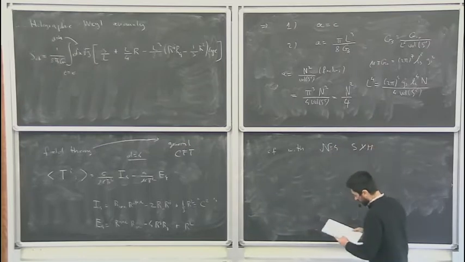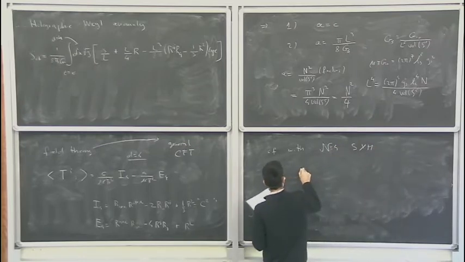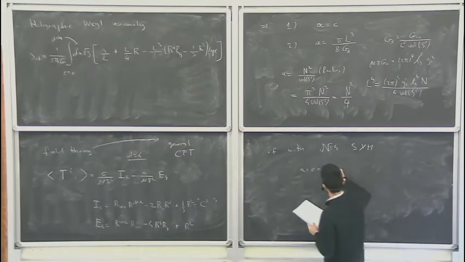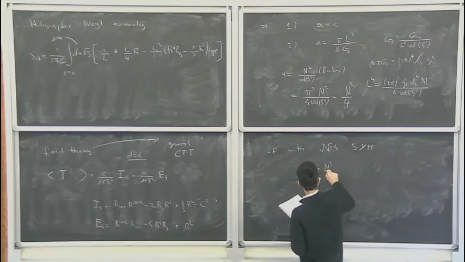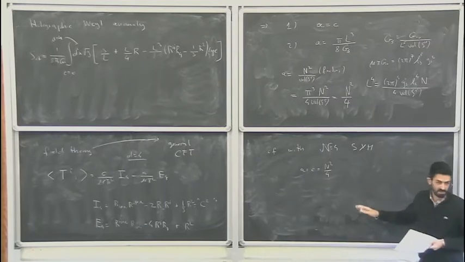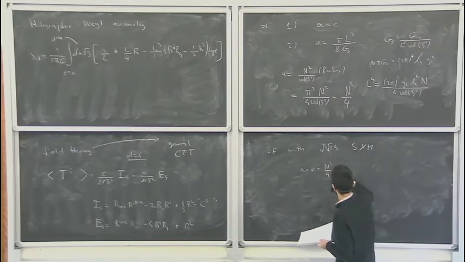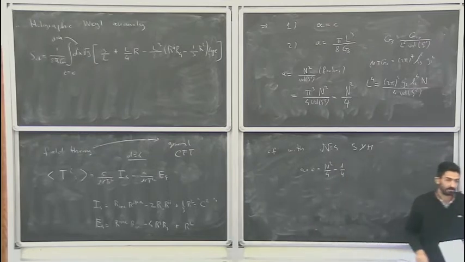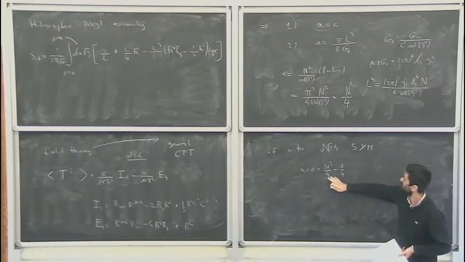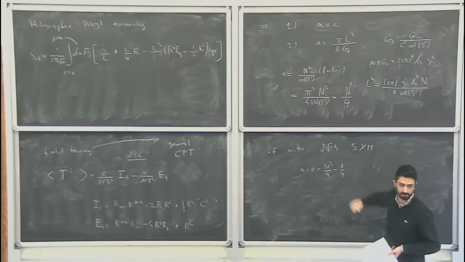And in N=4 super Yang-Mills, not surprisingly, you get that A is equal to C, equal to N squared over 4. This is the not surprising part. Perhaps the thing which was not totally expected is that there is also this factor. But of course, at leading order in N, this agrees exactly with the calculation on the gravity side.